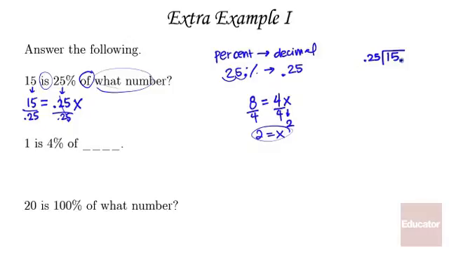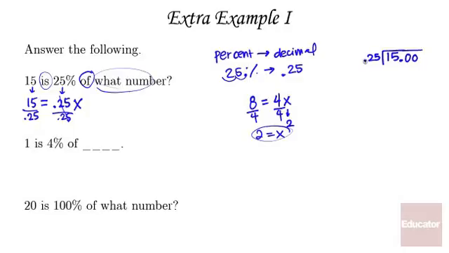Whenever I need to add zeros to this number, I can, because I can always add zeros to the end of a number behind a decimal. If it was before the decimal, I can't, because then 15 would become 150. As long as it's behind the decimal and at the end of a number, you can add as many zeros as you want. I can add 2 zeros, I can add 3, I can add 10, however many I need.